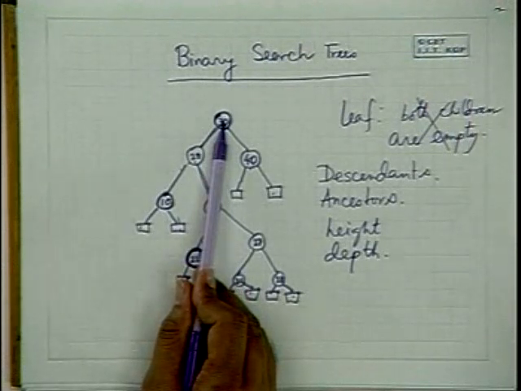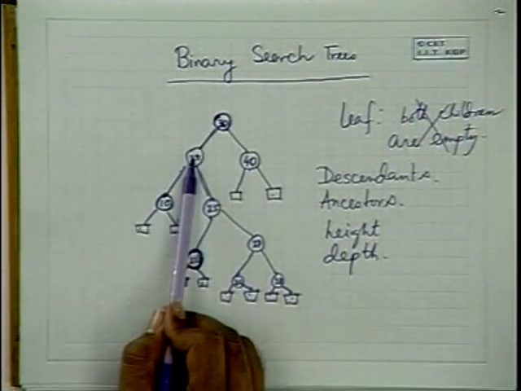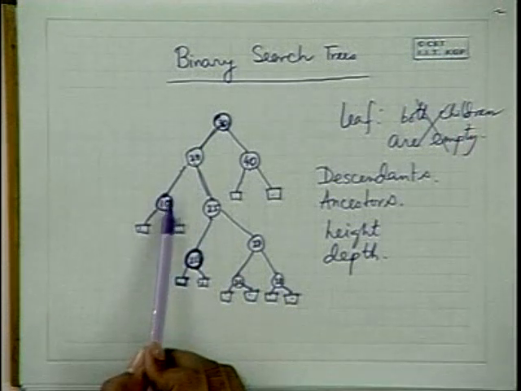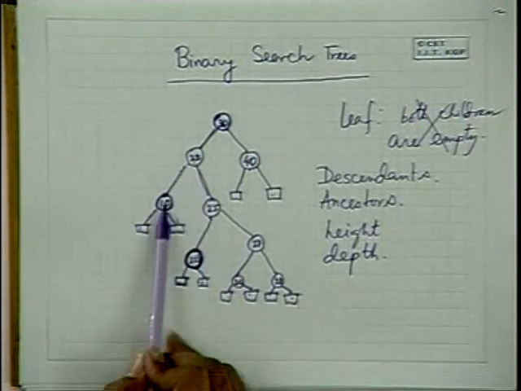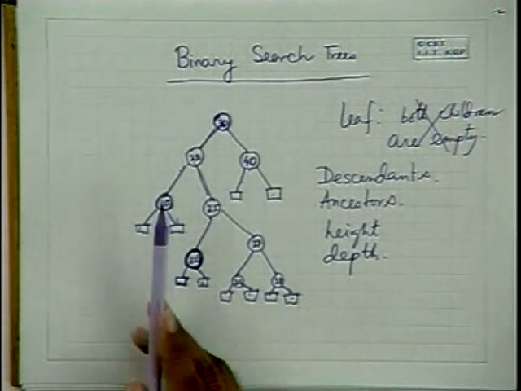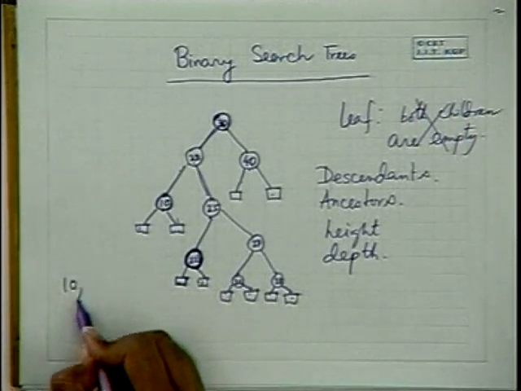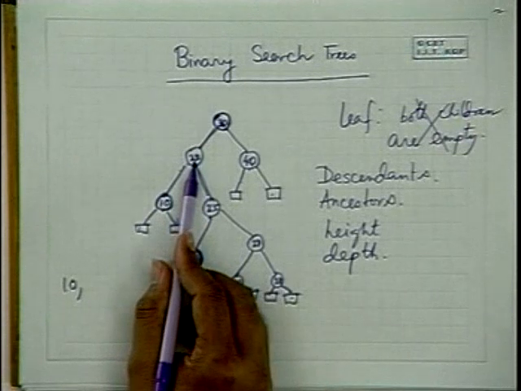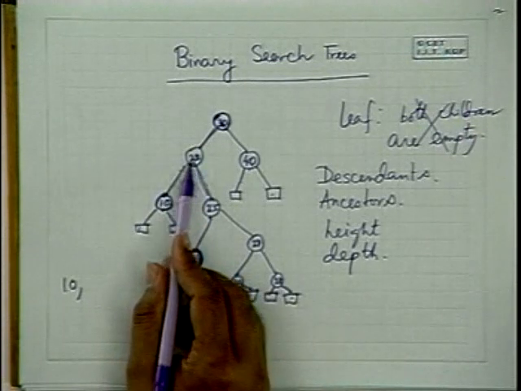We want to ultimately print the values in the nodes. Don't print that value now, because it has a left child which has to be traversed first. Go here, then that also has a left child, so go here, 10. 10 does not have a left child. So now you print 10. So in-order traversal will print 10, then it will go back. It will print 20, its parent.